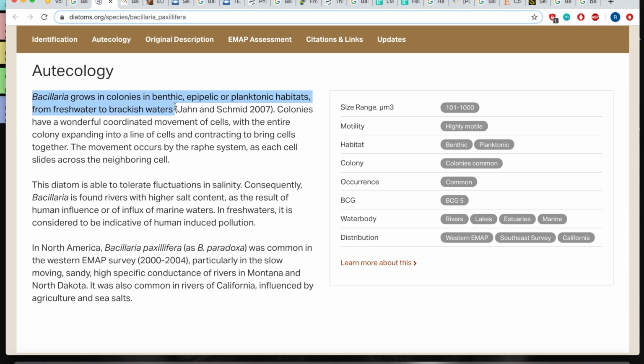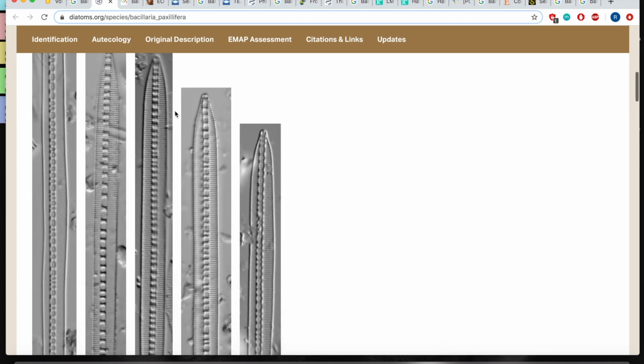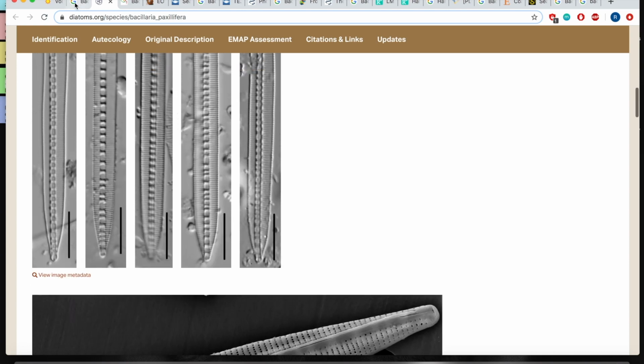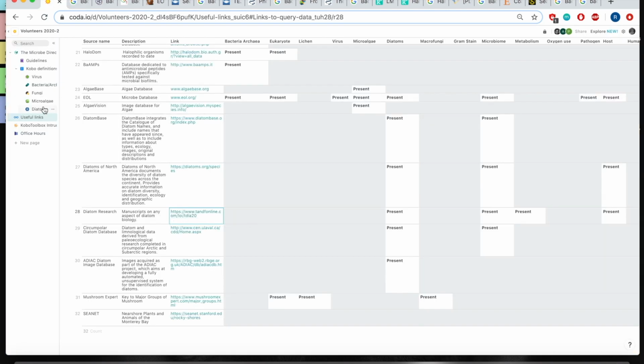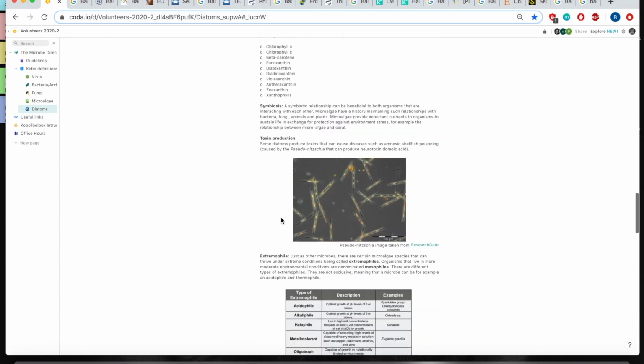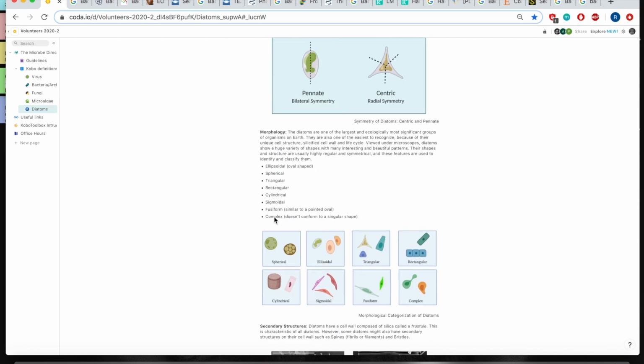From the pictures and from just the information on this page, I know that its morphology is fusiform, based off of the definitions and the diagrams that we have on Coda, which I always keep open when I'm annotating just so I have access to it as soon as I need it.